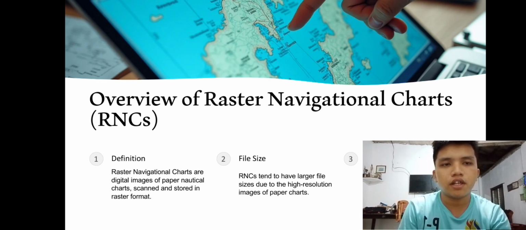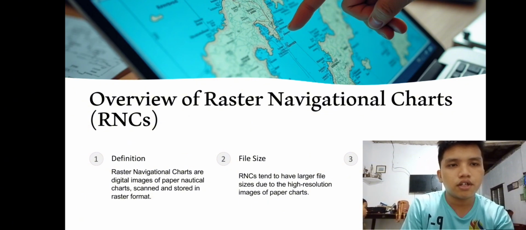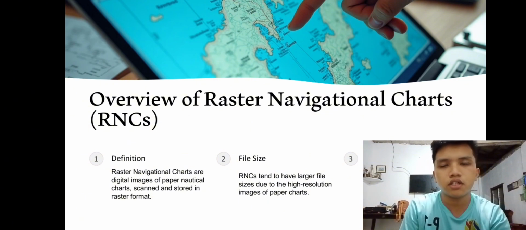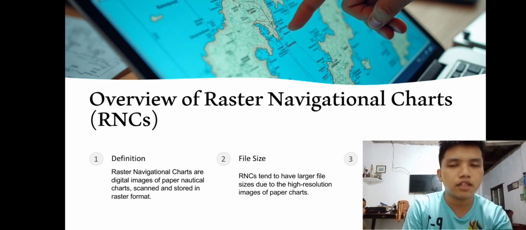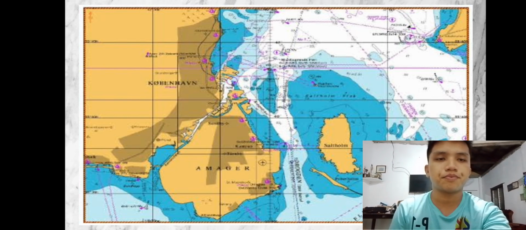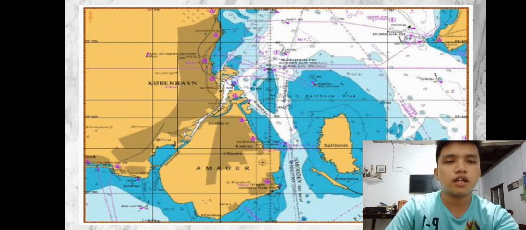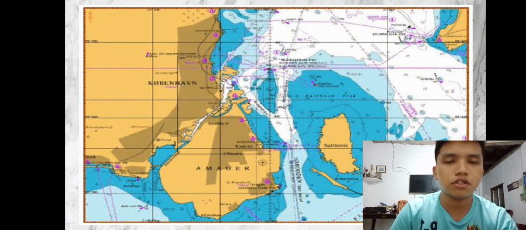Updates to raster navigational charts involve scanning and republishing the entire chart, making it less efficient. This is an example of raster navigational charts.